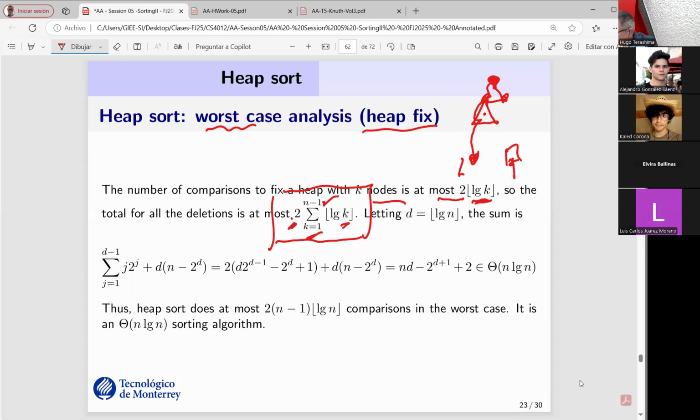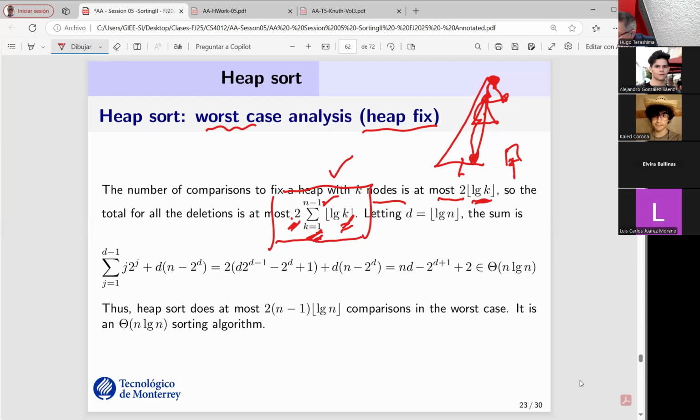Is that clear? Yes. And log of k is what? The depth. The height of the tree with k elements, but k is decreasing every time from n minus 1, n minus 2, n minus 3 to 1, right? That's the reason I need to sum up the cost of fixing the heap for all the cases. So do you understand this equation here?